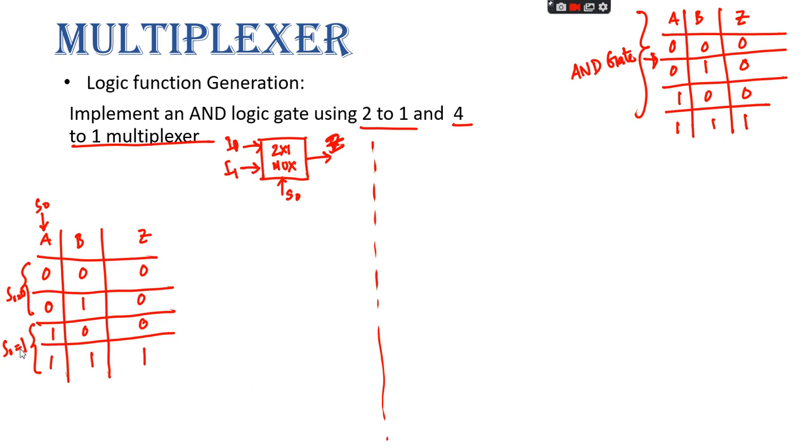Yes, sir. So for these two values, if you match with the multiplexer truth table, whenever S0 is 0, the output should be I0, right? Whenever S0 is 1, your output should be I1, right?